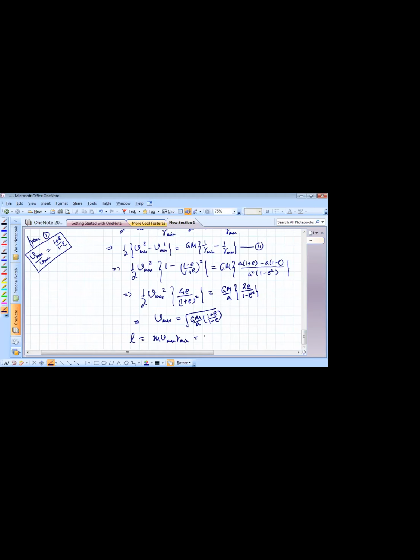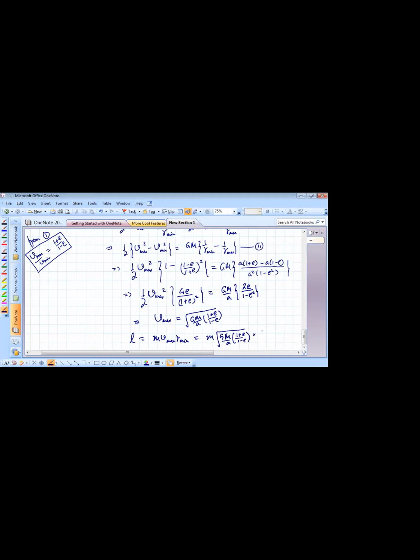So that is m into square root of G capital M upon a into this factor 1 plus e upon 1 minus e, into r minimum.